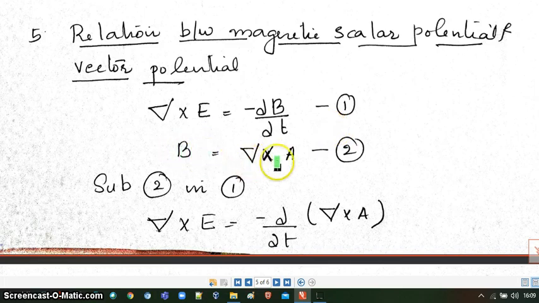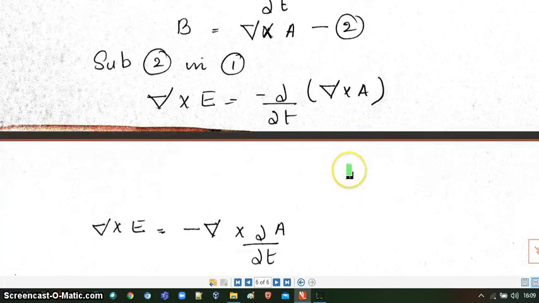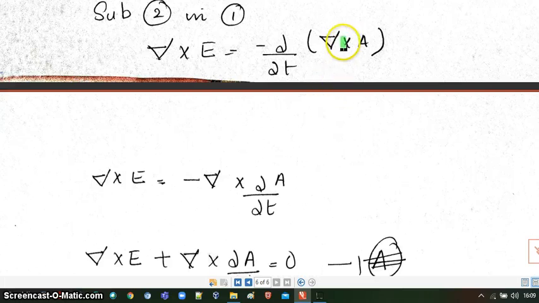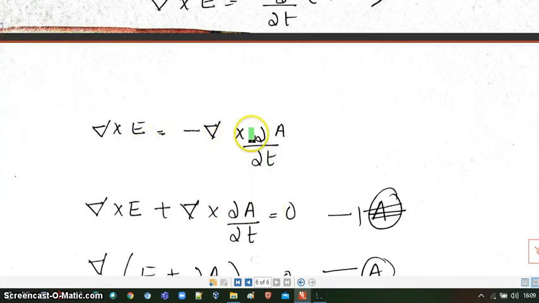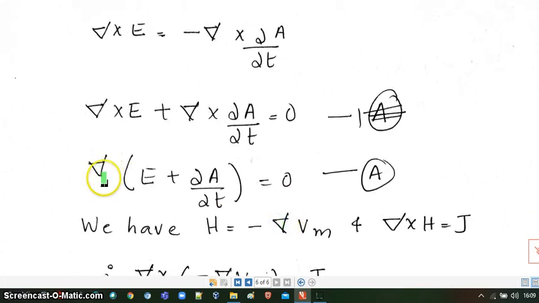And we know B is equal to del cross A, so substituting equation 2 in 1, del cross E is equal to minus dou by dou t of del cross A. Taking the del out, that is equal to minus del cross dou A by dou t. Taking this to the left hand side, del cross E plus del cross dou A by dou t is equal to 0. Del is a common factor, so del cross of E plus dou A by dou t is equal to 0.